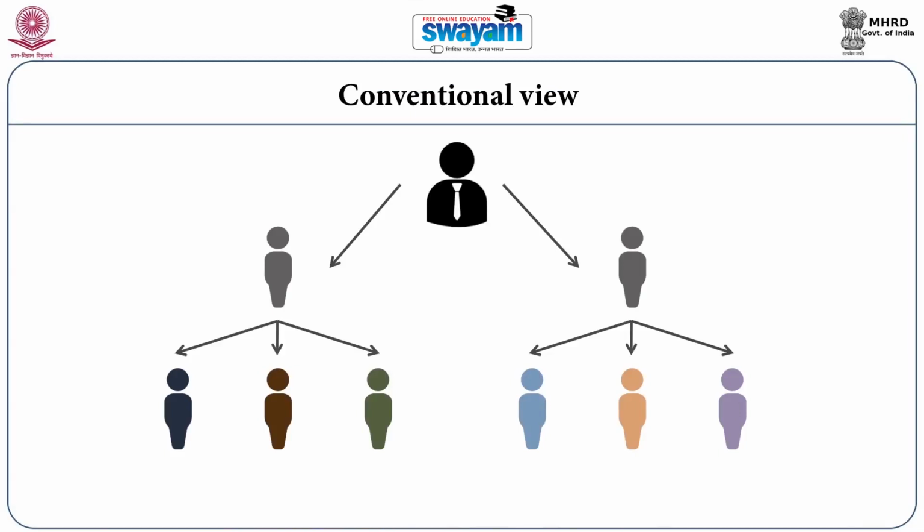There is a scale. There is a process in which power flows from the top to the bottom. There is a command that flows from top to bottom. So it is called a scalar process.